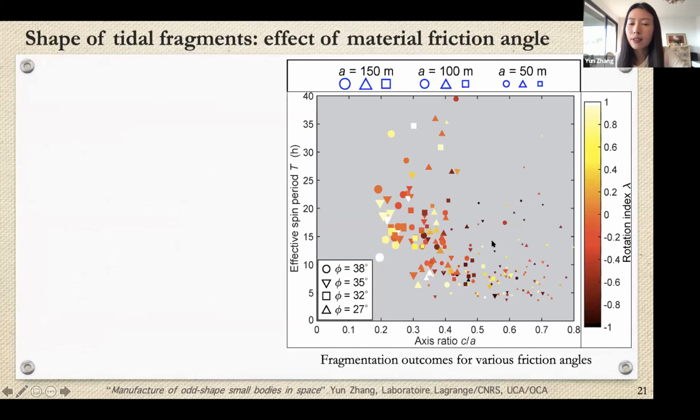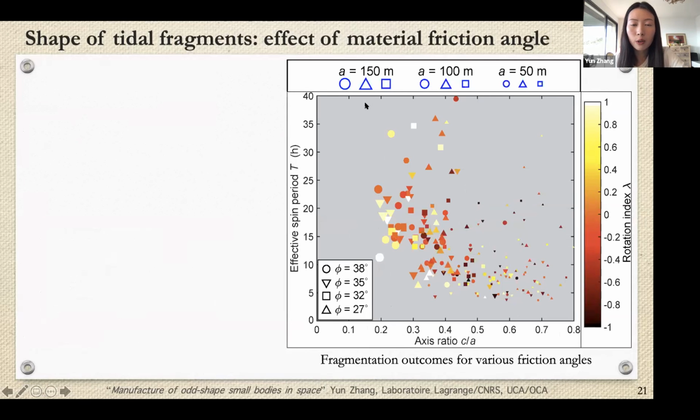And we analyze the spin period and the shape distribution of the resulting fragments, as shown in this figure. We can see that many elongated coalesced fragments can be produced from the tidal disruption process. The typical axis ratio is about 0.2 to 0.3. The symbol size represents the size of each fragment.